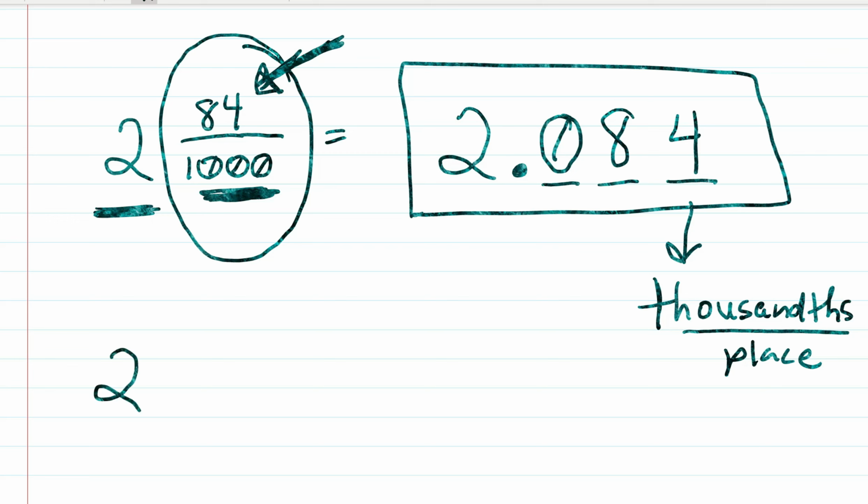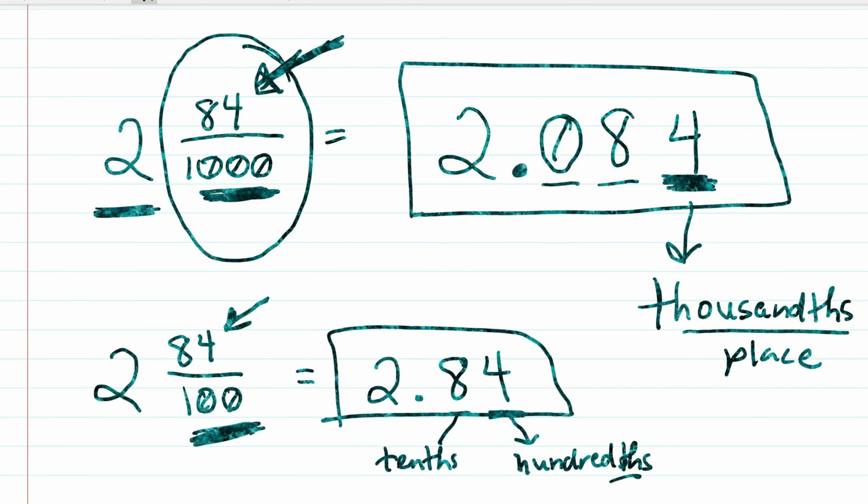Now, what if it was 2 and 84 hundredths? For this example, 2 and 84 hundredths, we have 2 and 84.